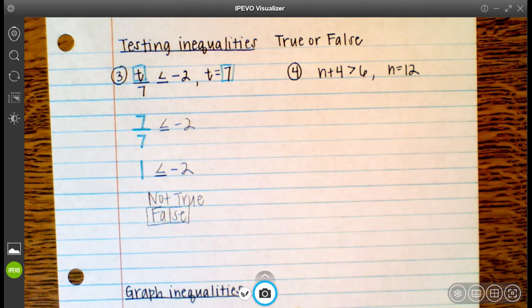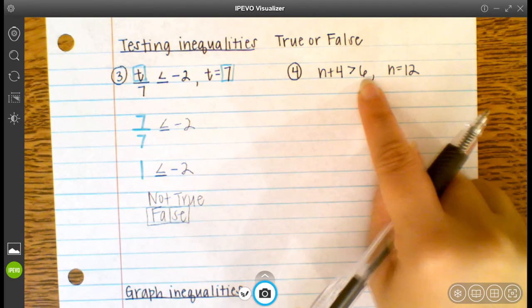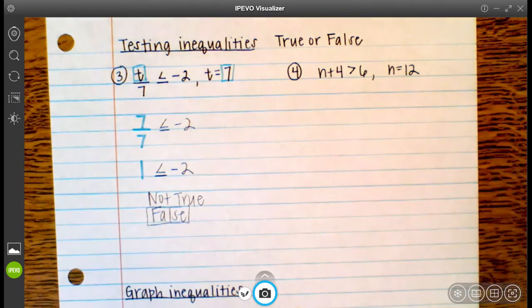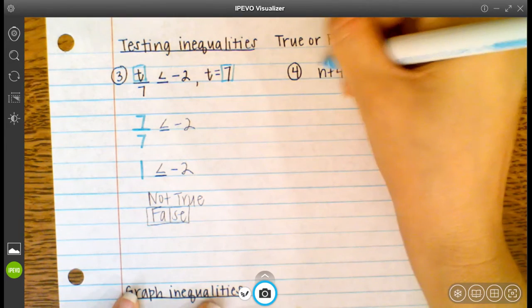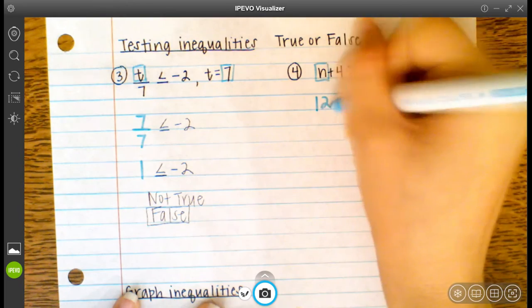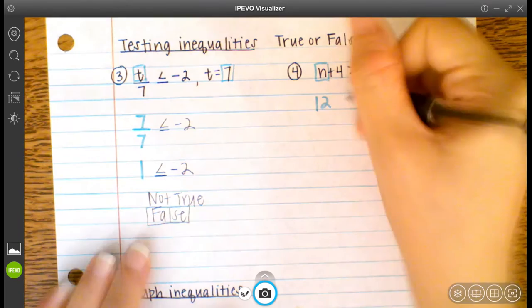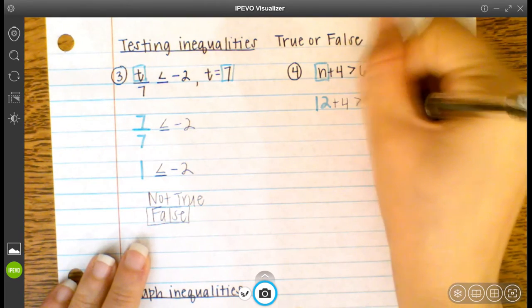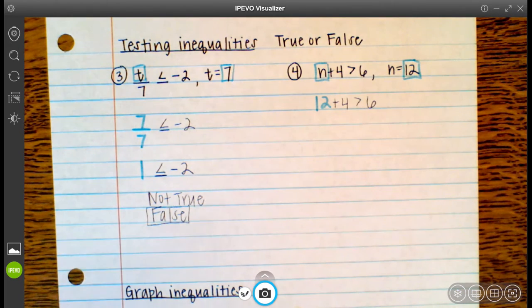All right, so let's look at number 4. Number 4 says n plus 4 is greater than 6, and we know that n is 12. Okay, so in place of n, let's put in 12. So 12 plus 4, is that greater than 6 is what we're testing.